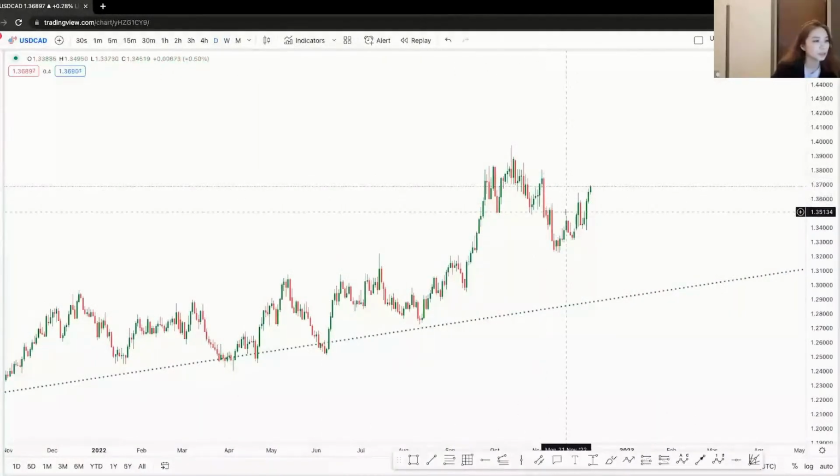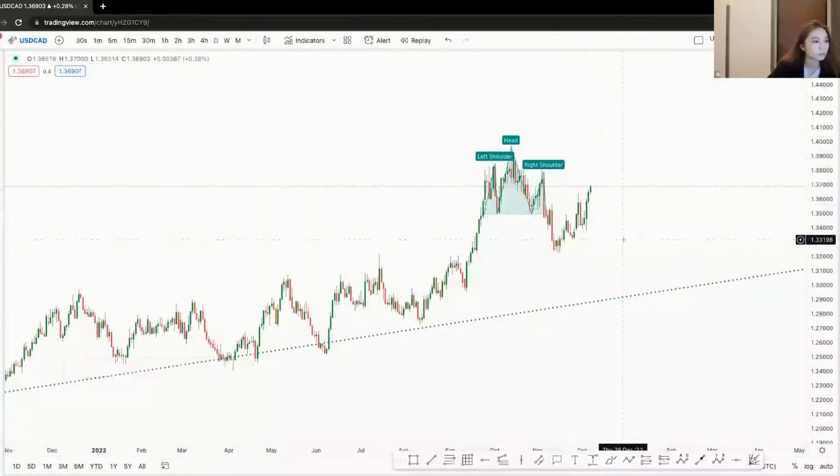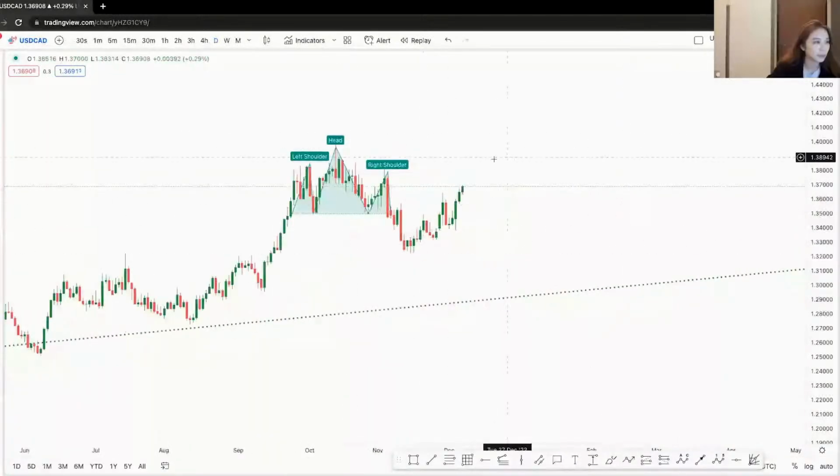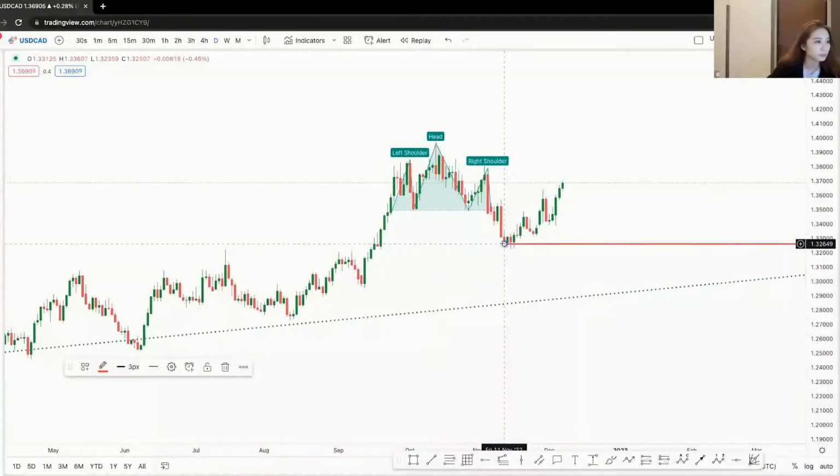Previously, it looks like it has had a head and shoulder pattern kind of thing. Yep, it did react up to it a little bit and then picked up the momentum again. Looking at a potential support over here.